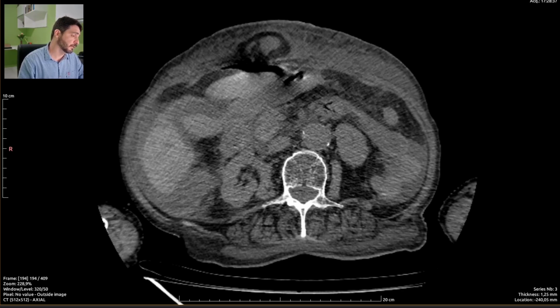Atrophic uterus and a herniation, ventral herniation. Are we done? Oh, lymph node enlargement. Retroperitoneal lymph node enlargement. I have to say that.